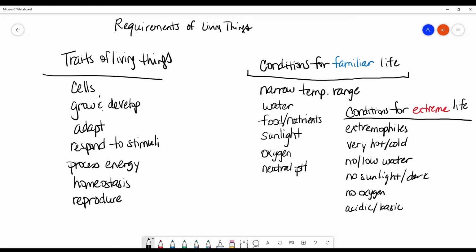We can't stand no water, or we're not aquatic, so it needs to be right in the middle. We can't stand all sun or all dark, so we need a little bit of both. And so conditions for normal or familiar life fall right in the middle of these separate sides of these extremes. But why do we even care to study extreme life?